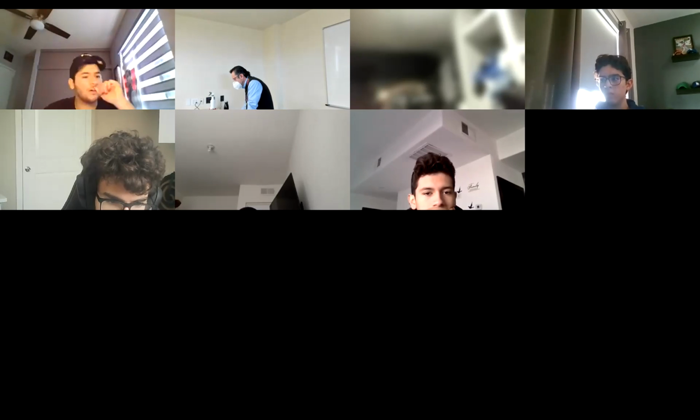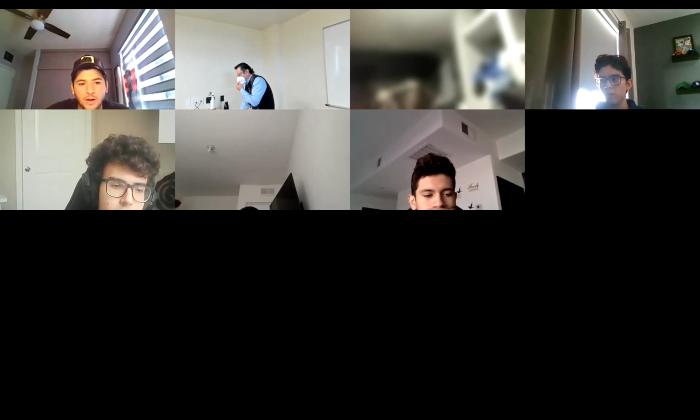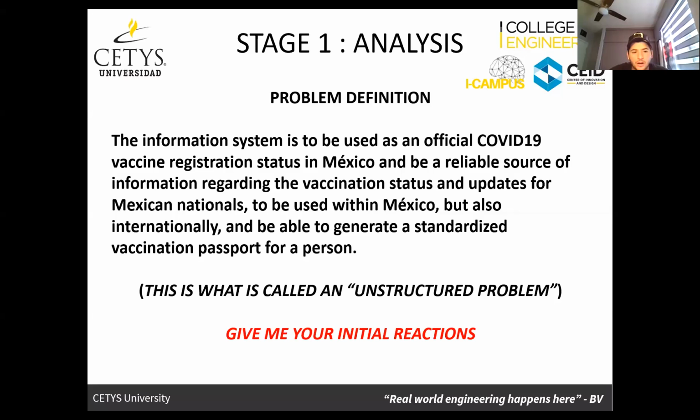So let's say, for example, I was vaccinated in Calexico, and I was given by email a QR code that when you scanned it automatically opens up in your wallet and your health app.